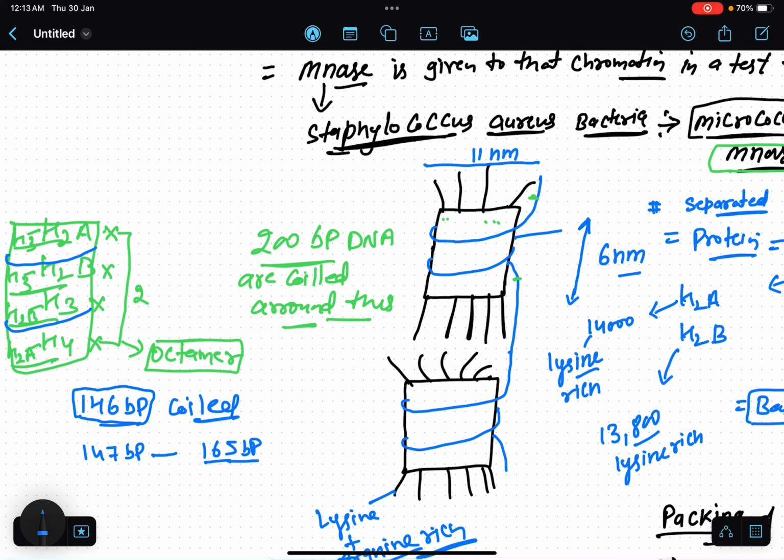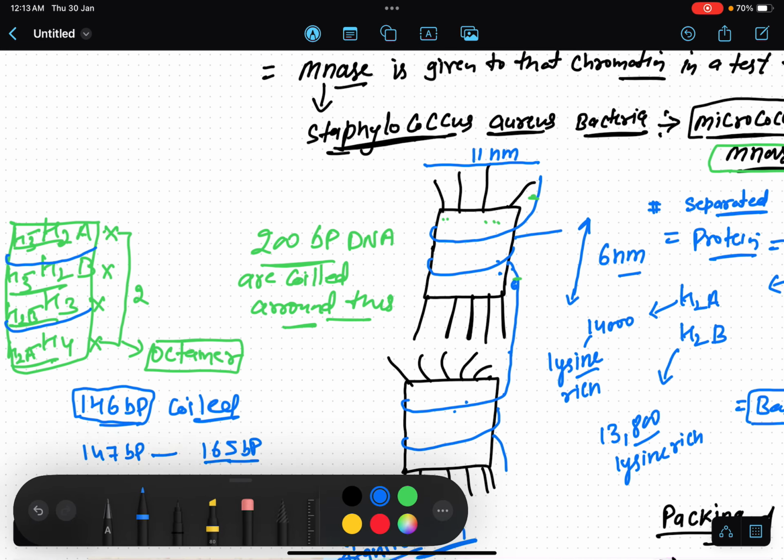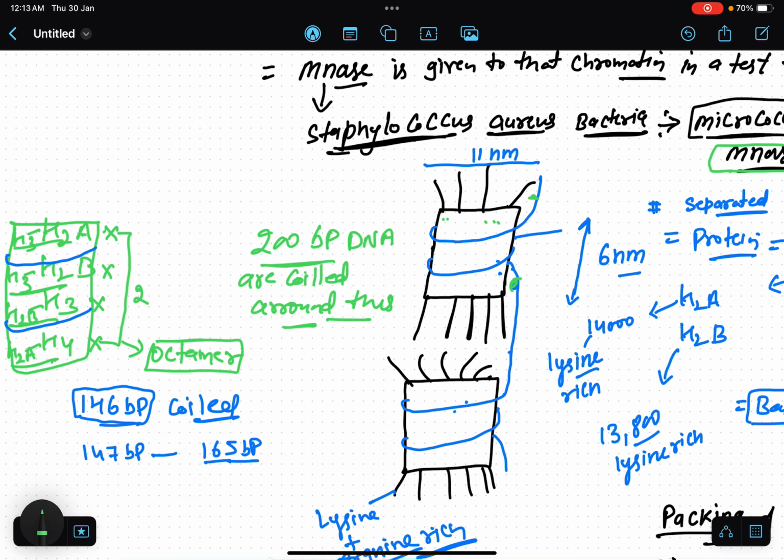And the DNA which joins the 2 octamers, here is another protein associated with this DNA, on which this DNA is coiled.